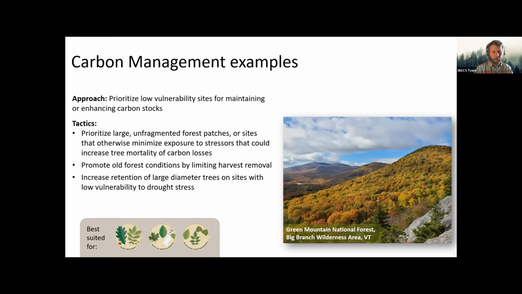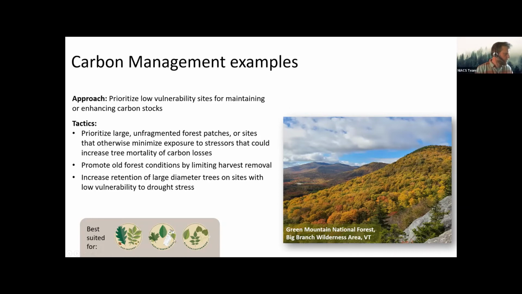Those are places that we could look towards for enhancing stocking, enhancing carbon, promoting the development of old forest conditions, retaining more trees, those sorts of things. Those lower vulnerability sites are places that might be well suited to carrying higher carbon stocks into the future, where the risk of those losses are lower.